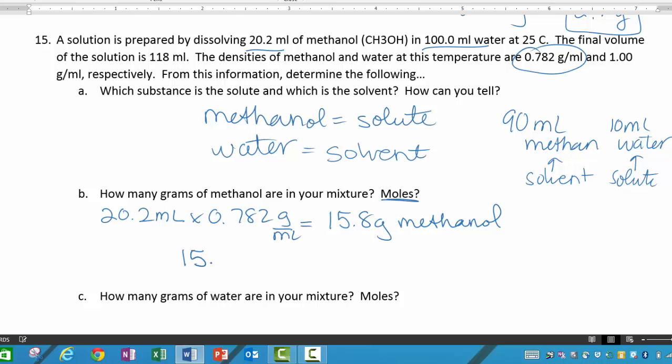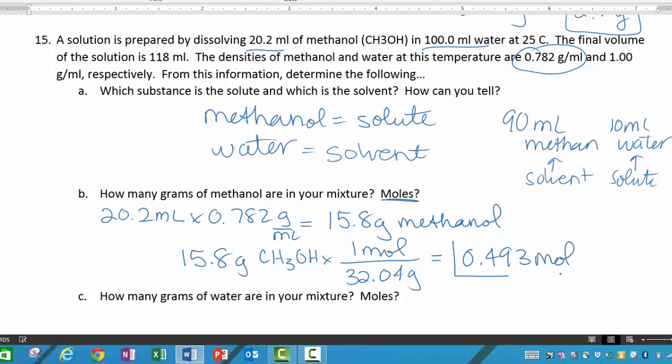So whenever we know a mass and we know the chemical formula, CH3OH, we can use the molar mass from the periodic table, which in this case is 32.04 grams, to find the moles. This case will be 0.493 moles of methanol. So our grams canceled out, leaving us with moles.